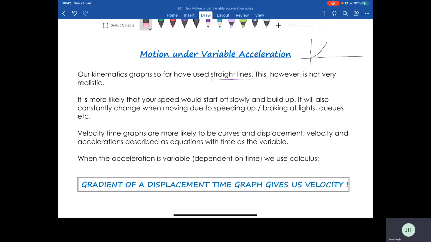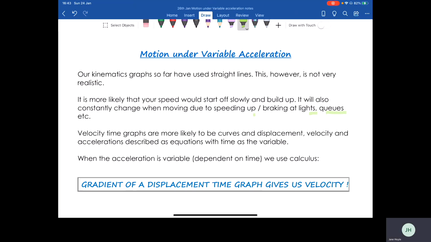Might go like that, or might go like that, might be a bit more wiggly depending on the terrain or depending on traffic. But certainly extended straight lines don't really happen in real life. So I've said there a few more examples, cues, speeding and braking, traffic lights, and so on.